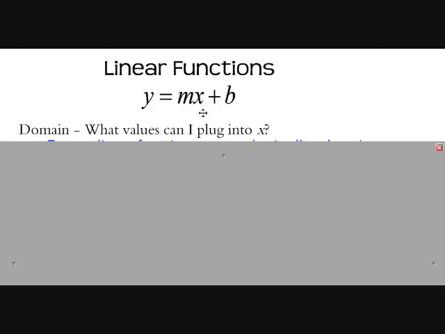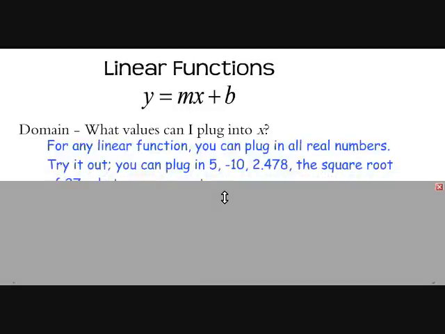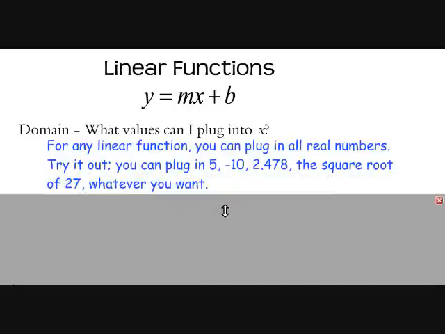What can I plug in that I can then multiply by m and add b? We'll look at this when we see some examples. For any linear function, you can plug any real number into x, and then you can multiply and add and get some value for y.